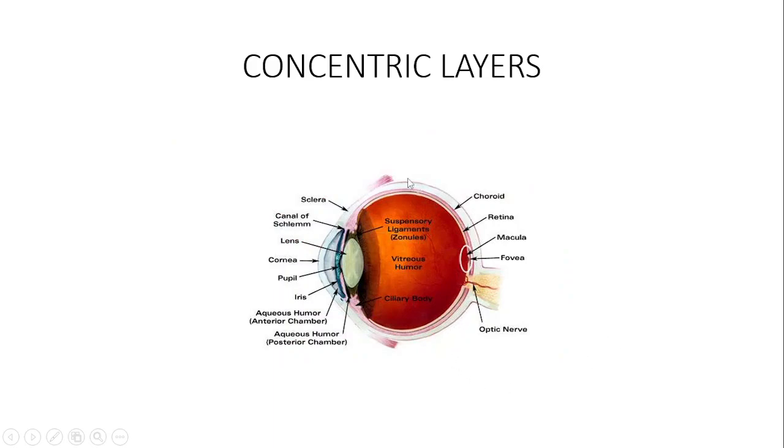This is the sclera. The most external part is whitish in color and quite resistant because it's rich in type 1 collagen fibers. That is the sclera, the whitish layer of the eyeball. That is constituting 4/5 posterior of the eyeball.